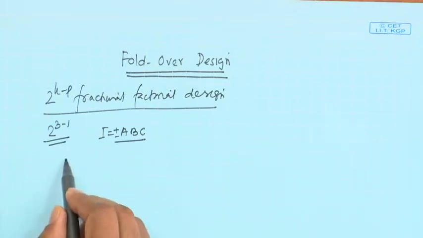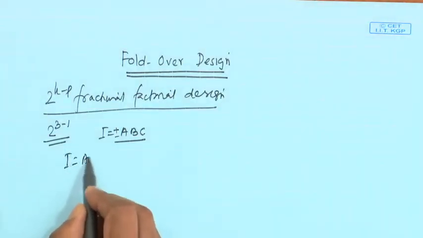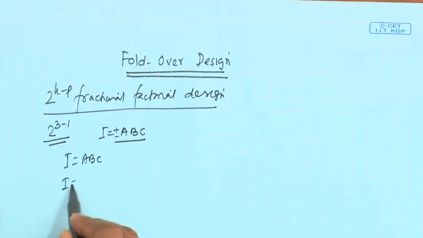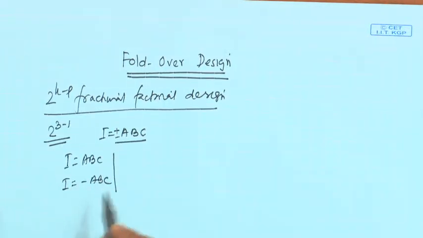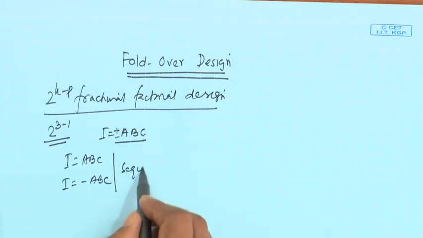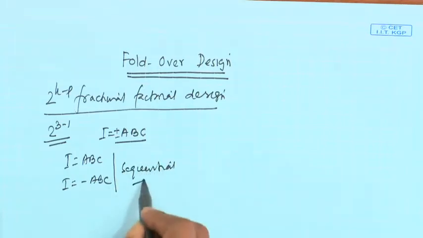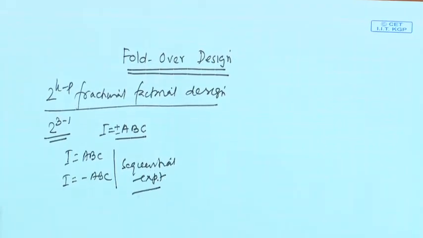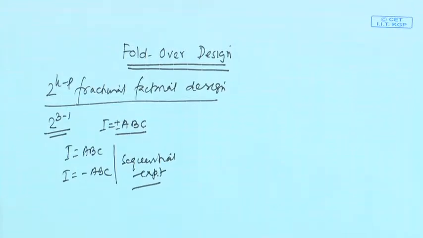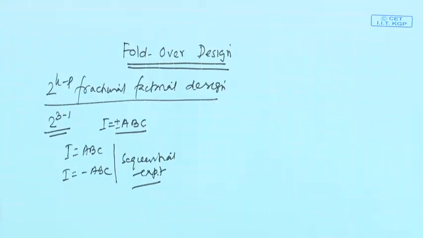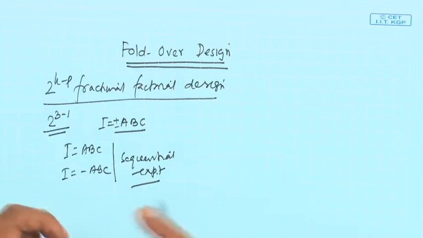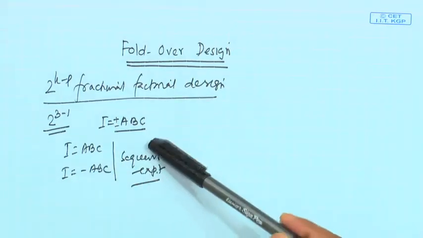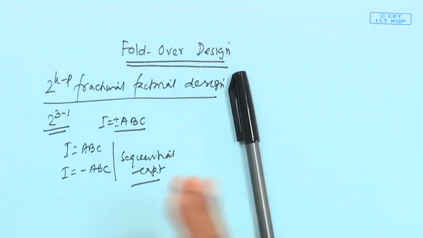The first fraction is I equal to ABC and the second fraction is I equal to minus ABC, and we discussed the concept called sequential experimentation. This sequential experimentation can be done depending on the purposes that you want to fulfill.